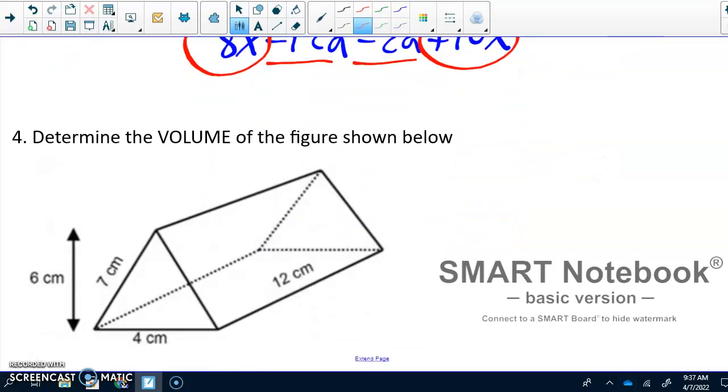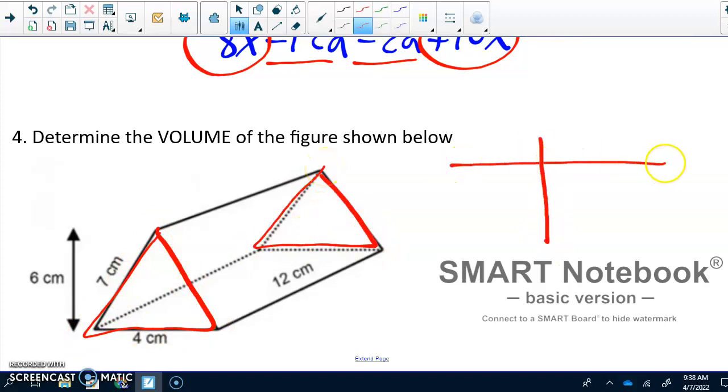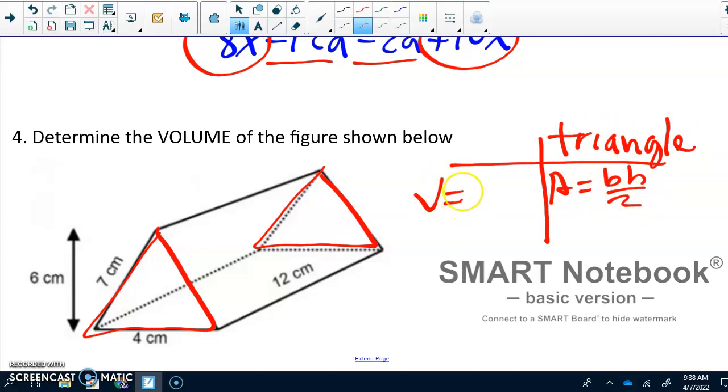Number four, we're looking for the volume of the figure shown below. I can see from the front of it that it is a triangular prism. We have two parallel faces. So I know that the base is a triangle. And the formula for finding area is equal to base times height divided by 2. The formula for volume is equal to the area of the base times the height.